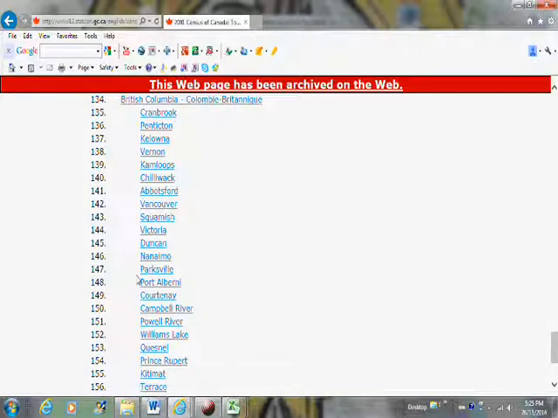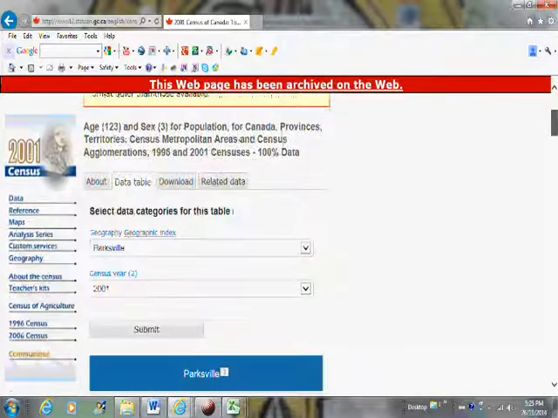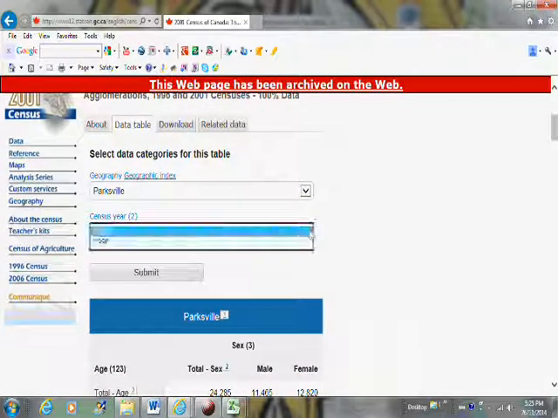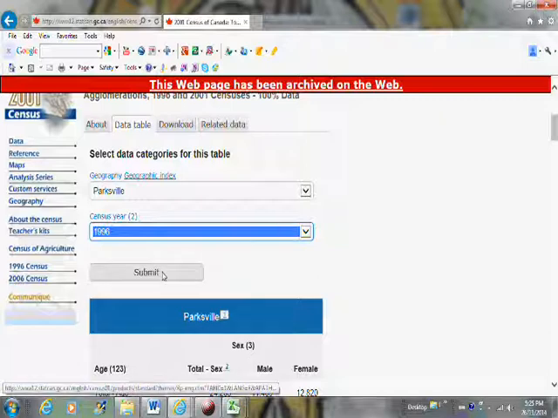So, for example, if we're going to go to British Columbia, you're going to go to the oldest municipality or the oldest census agglomeration in Canada. At least I think it is. It's Parksville. And oldest in terms of median age, we can click on Parksville, and we should get 2 years. So we got the geography, and we've got 2 years to choose from, so we can go to 1996 and submit that and download it if we so choose.